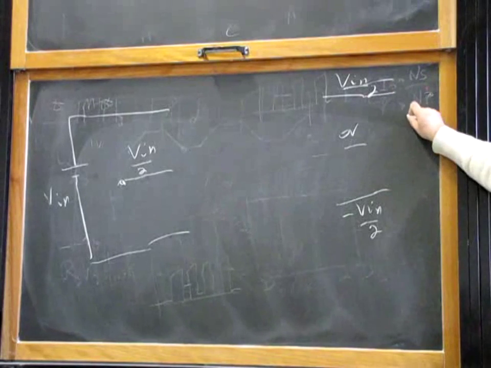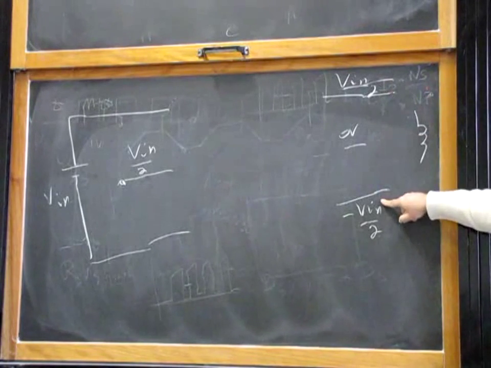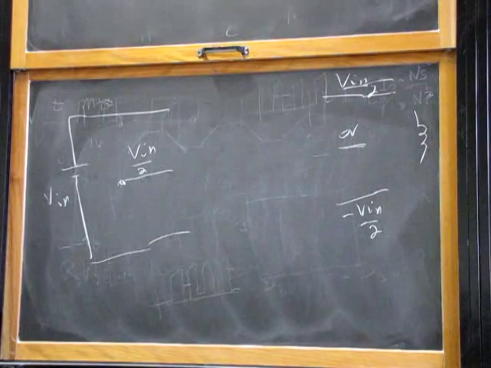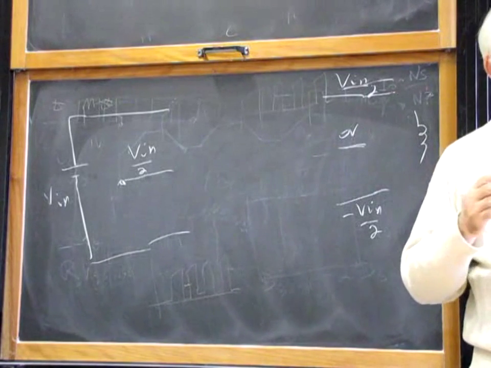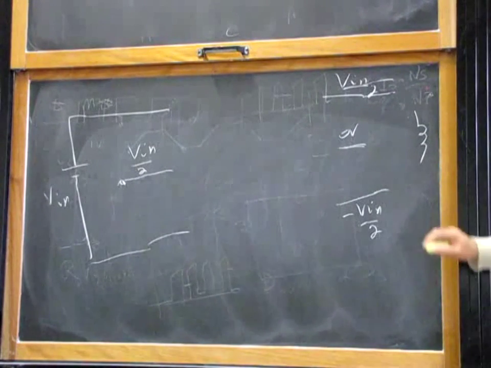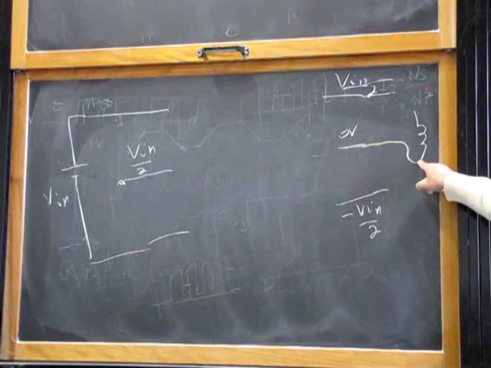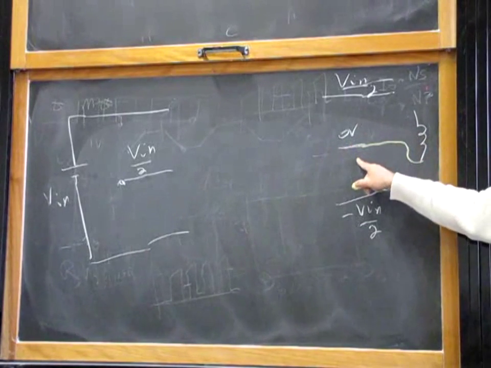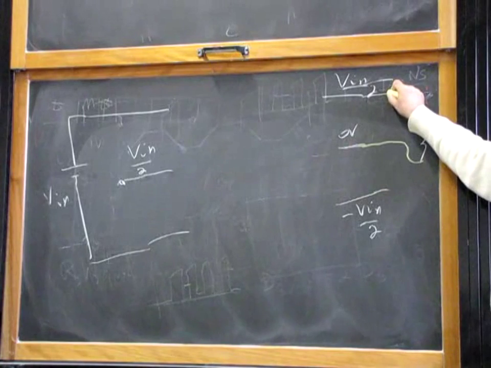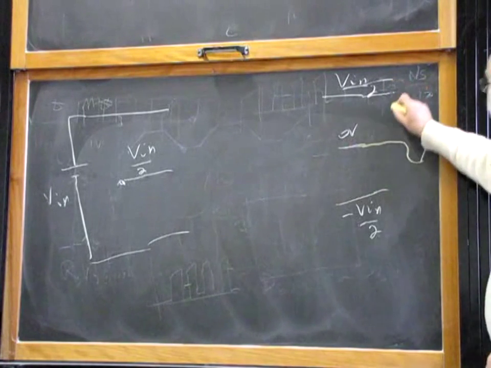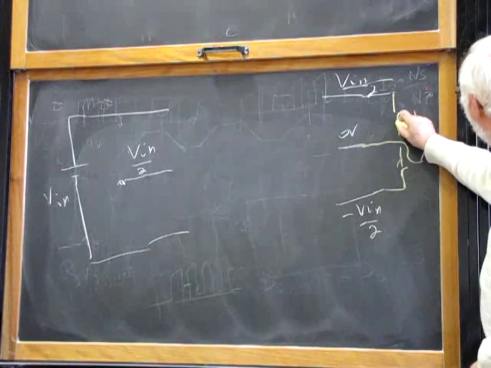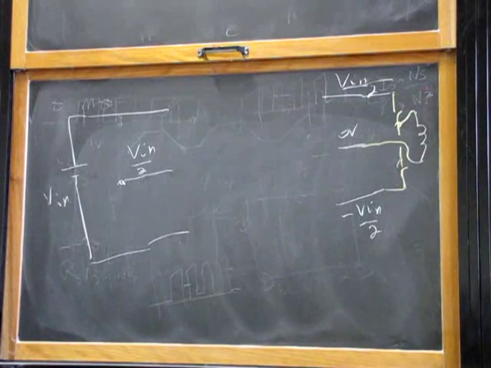If we have VA over 2, negative VA over 2, and the center 0, and we want to supply the primary of the transformer with an AC voltage, positive and negative, that is easy. I just connect one end of the transformer to the central 0 voltage, and then with two switches, not four switches as before, I go to the other side of the transformer.